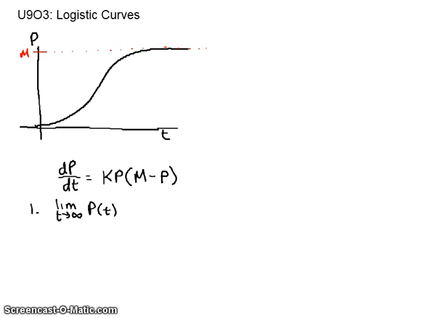But if we think about the graph, as we go towards infinity, we start to hit that horizontal asymptote of the carrying capacity M. So going back to what we knew about horizontal asymptotes, t goes to positive infinity. Looking at the graph, we got our carrying capacity, so we know that's going to be M. So that's how we're actually going to use our differential equation to solve the limit of P of t, because M is inside our differential equation.